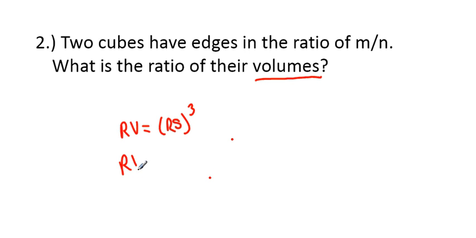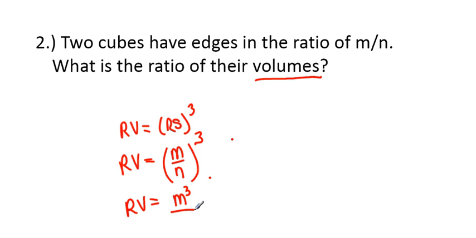So the ratio of the sides here is m is to n, and I want to cube that. And I remember that whenever I want to cube a fraction, I'm going to go ahead and multiply the numerator times itself 3 times, multiply the denominator times itself 3 times, making the ratio of the volumes m to the third over n to the third.